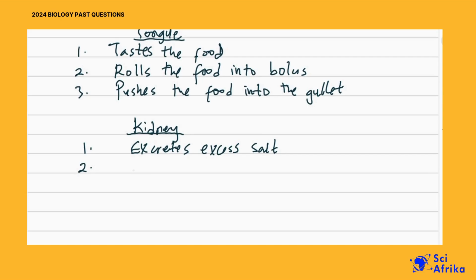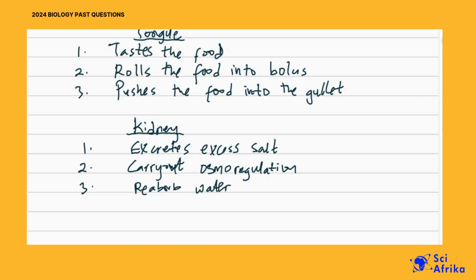Also, it carries out osmoregulation, that is maintaining salt and water balance. We can also say that the kidney helps to reabsorb water. So these are the functions the kidney would play in that process.